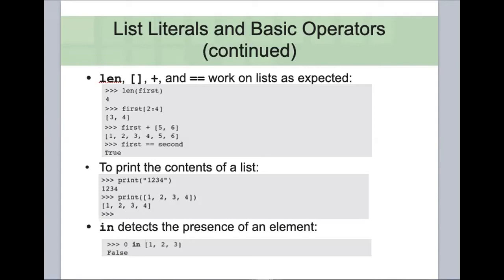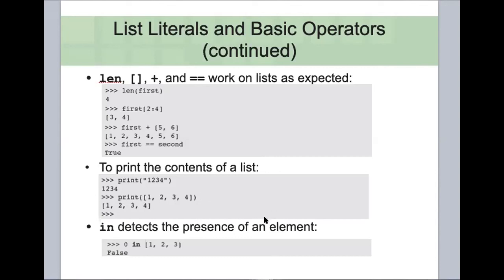They work the same way they work in strings. So to print the contents of a list, you can print, you'll see here 1, 2, 3, 4, but if you print the list, it prints the contents without brackets, if you will. You got the list here, but if you print this, it just prints the contents.